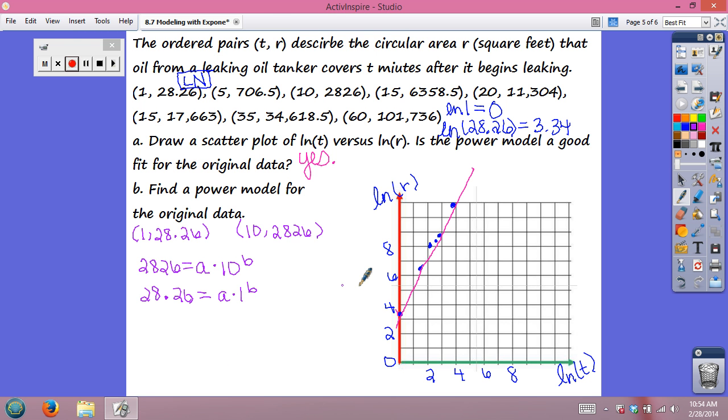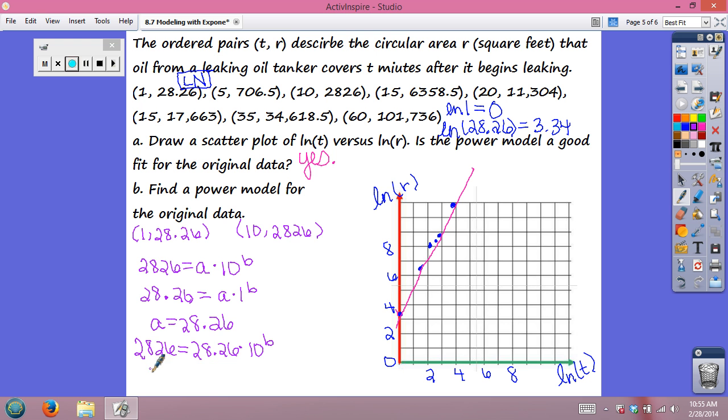We know that 1 to any power is simply 1. So we get a equals 28.26. And if we plug that in, we get 2,826 equals 28.26 times 10 to the b power.